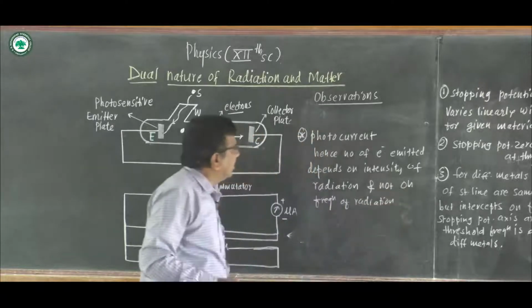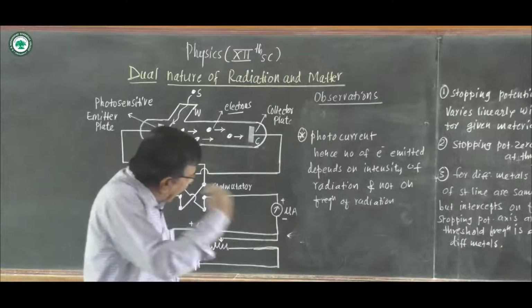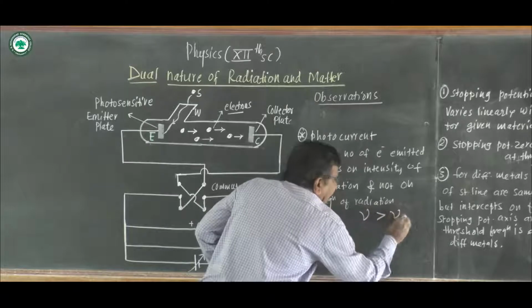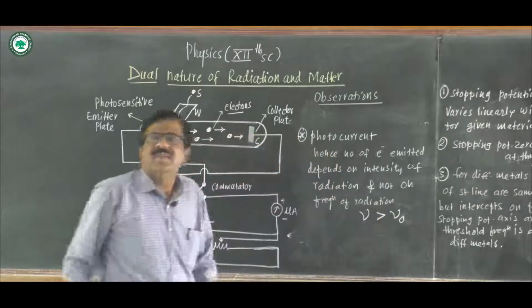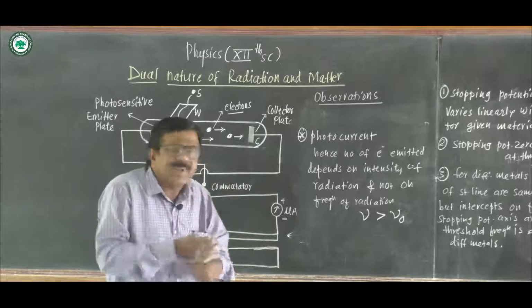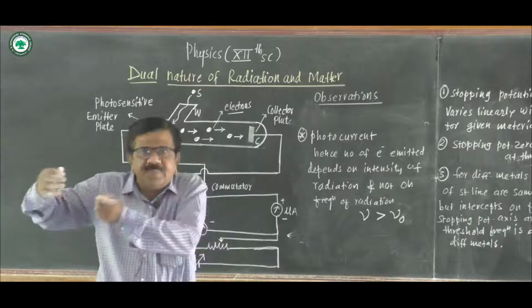It depends only on intensity and not on frequency of radiation, as long as the incident frequency is greater than the threshold frequency. One main thing is that the photoelectric current and number of electrons emitted depend on the intensity of radiation and not on the frequency.